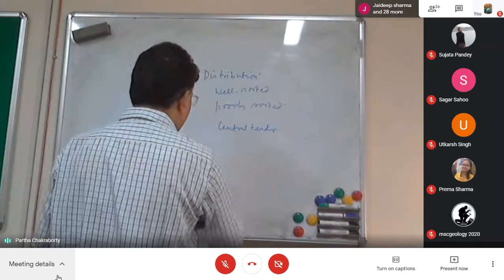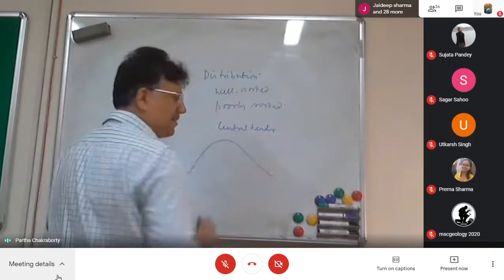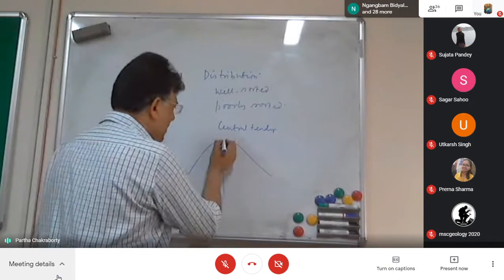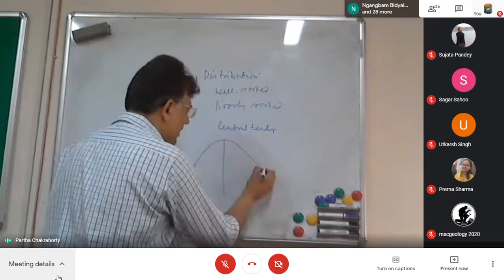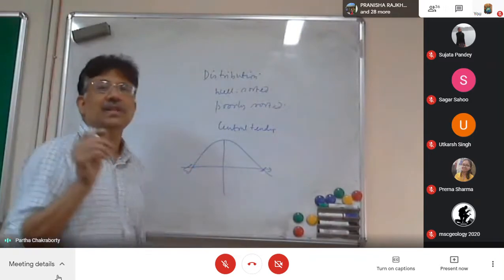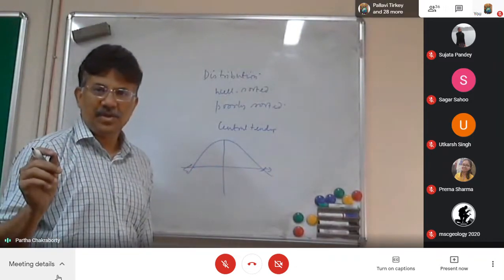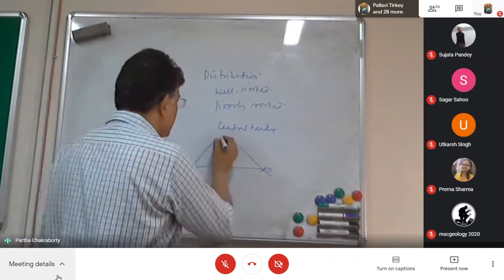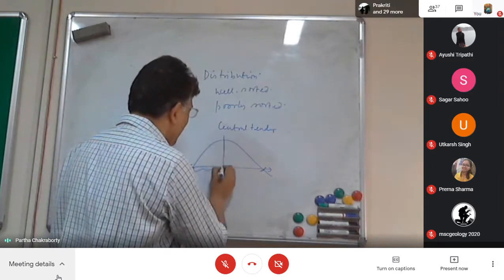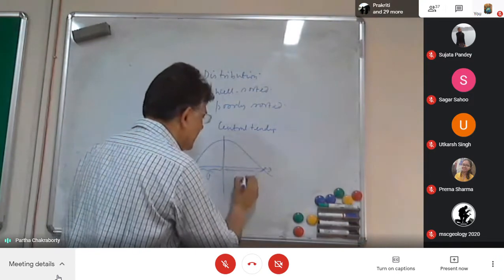So if I have a curve like this, then there is a central tendency. And from the central tendency, this and this, in what way they are varying on either side of it, that is what is called the standard deviation. So this deviation from the central tendency is what we call the sigma and sigma.